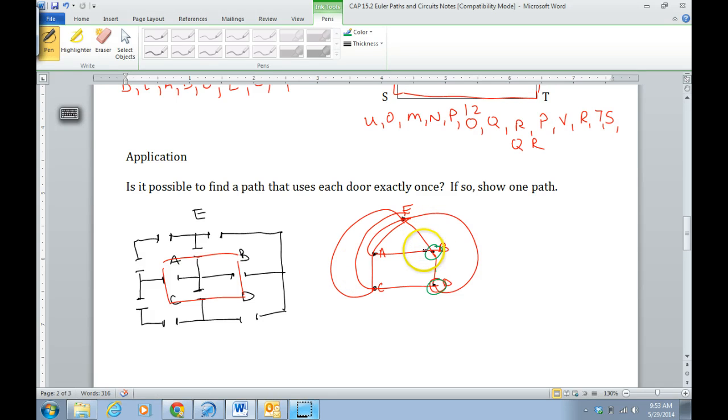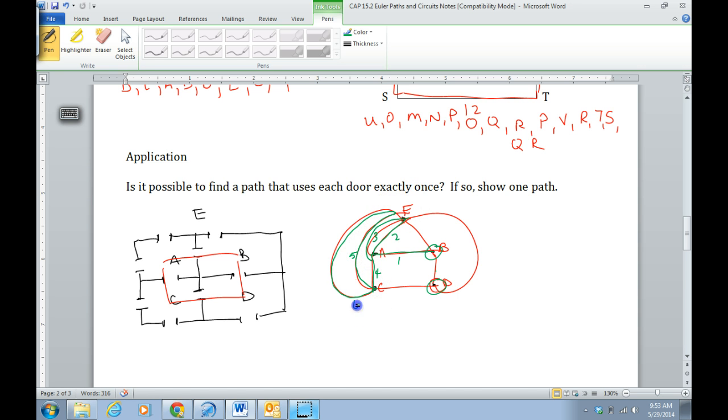All right, so say I start with B. I could draw 1, and I can go any which way I wanted to from this way. I can go up to E, that could be 2, back down 3. I could go down to C, that would be 4. Then back out to E again, 5.